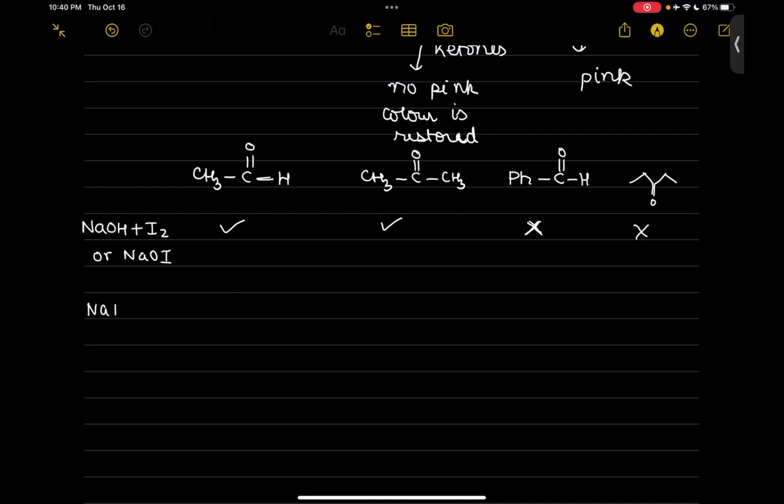Now NaHSO3. Sodium bisulfite adduct formation. And what is the outcome?